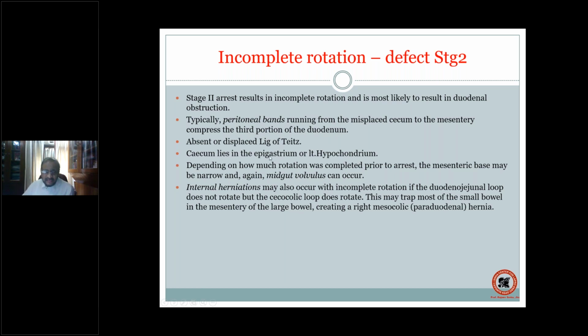The cecum lies in the epigastrium or the left hypochondrium, easily imaginable. It depends on how much rotation was completed, whether it was total malrotation or partial malrotation. There you can have the relative positions of the small bowel and the large bowel. And in all these malrotations, remember, internal herniations could occur. These are potential scenarios where you can have paraduodenal hernias, mesocolic hernias, and so on and so forth.